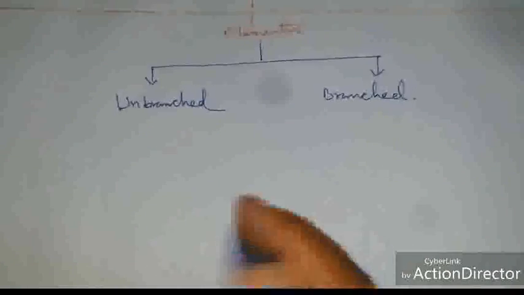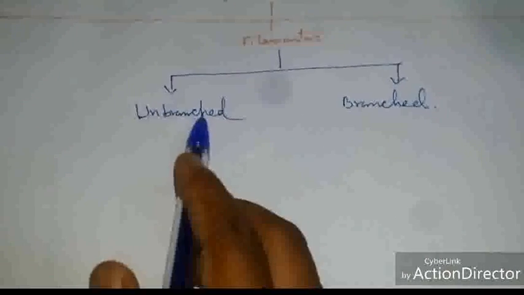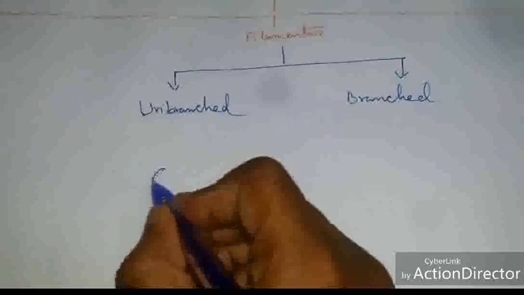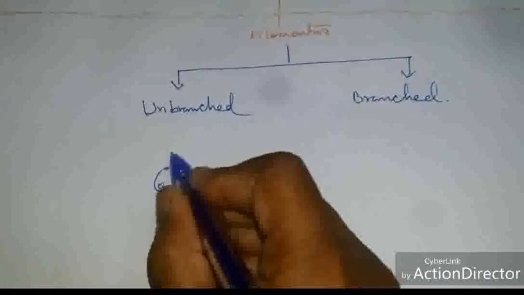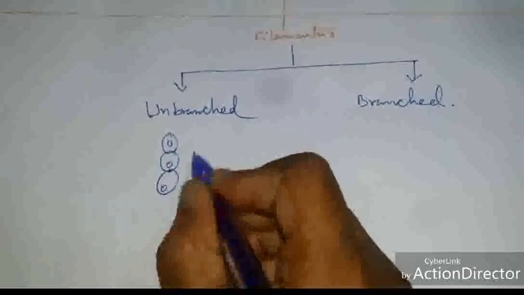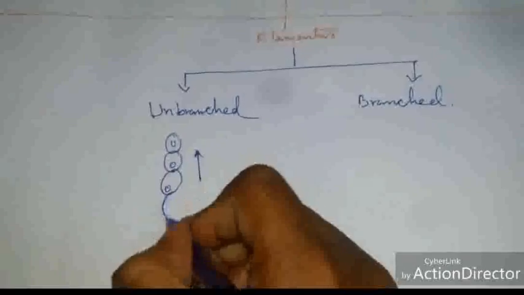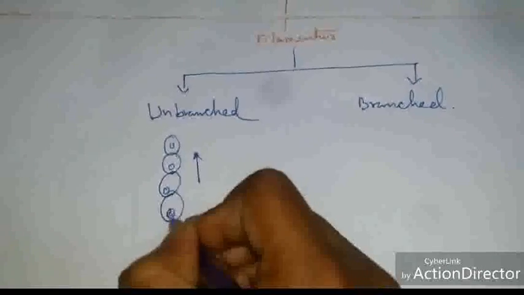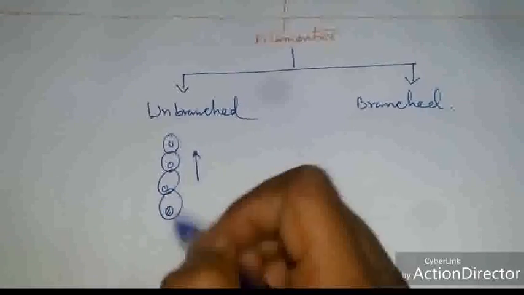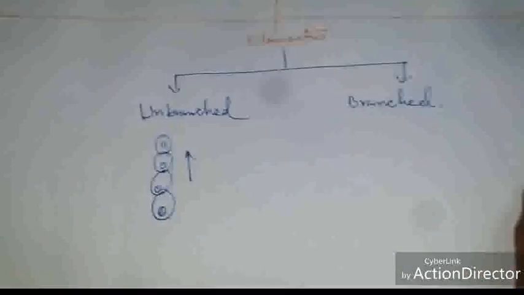So in unbranched type filamentous, cells are divided in one direction. So it makes a filament like unbranched type thallus.